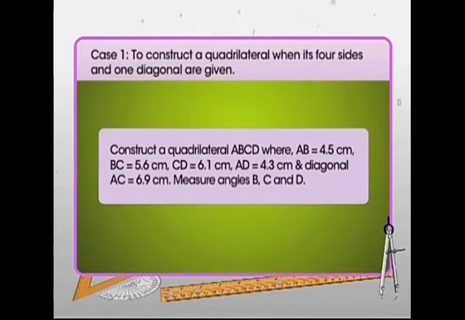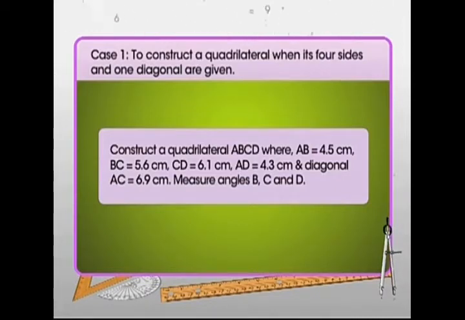We'll now find out the steps to construct a quadrilateral when its four sides and one diagonal are given. Construct a quadrilateral ABCD, where AB is equal to 4.5 centimeters, BC is 5.6 centimeters, CD is 6.1 centimeters, AD is 4.3 centimeters, and diagonal AC is equal to 6.9 centimeters.